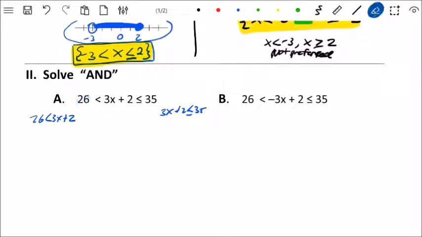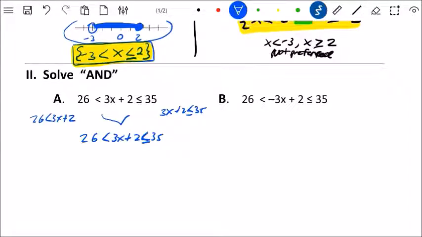That's true, you could do that. I'm going to show you a different method, where I keep them as three parts. In fact, I'll just write it out: 26 less than 3x plus 2 less than or equal to 35.